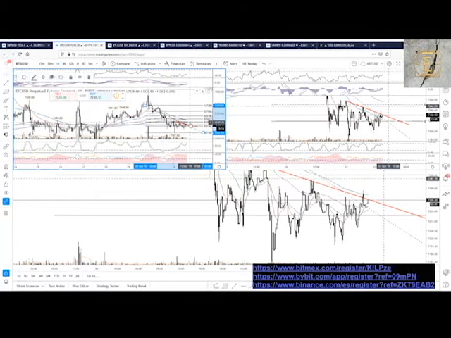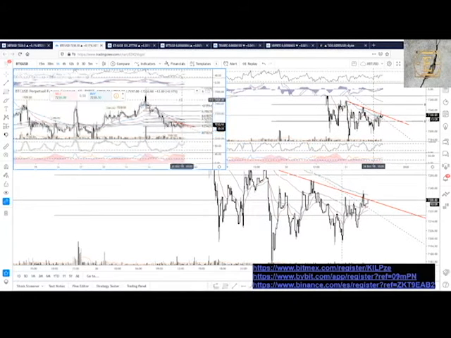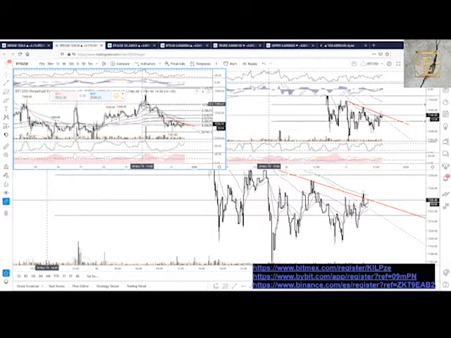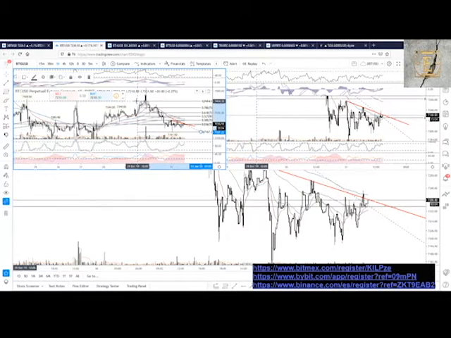Put here, and no, I don't like this pivot. Maybe it's from here.